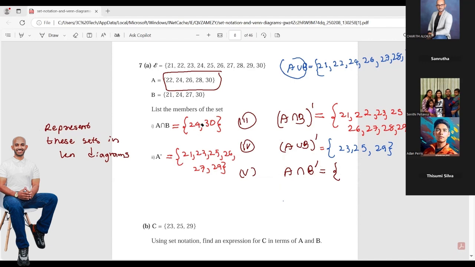Right? So what are they, Putta? In the intersection here, 24 and 30 are common. We have to delete that from A and write the elements only in A: 26, 22, 28.